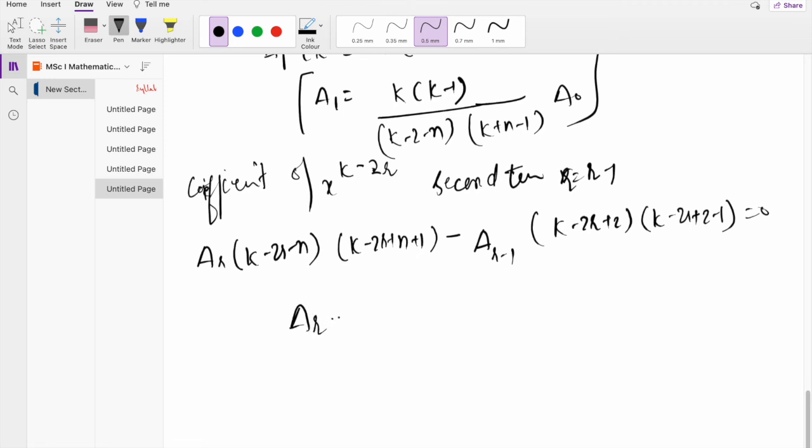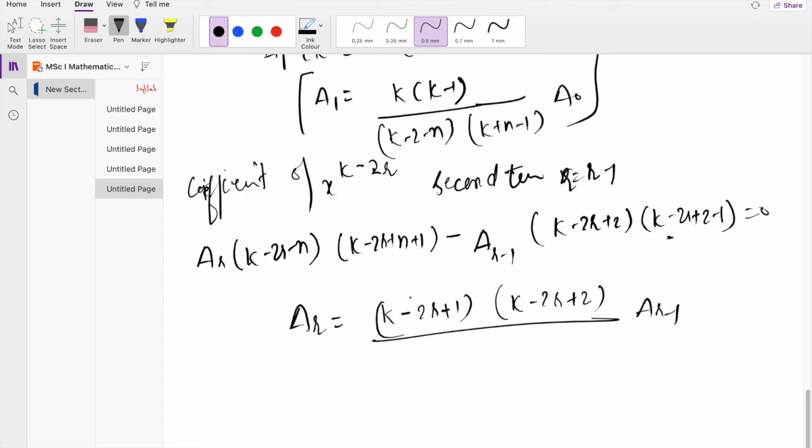So a_r is, over here this becomes k minus 2r plus 1 and this becomes k minus 2r plus 2, whole upon a_r minus 1, times k minus 2r minus n, k minus 2r plus n plus 1. So I know the value of a_r in terms of a_r minus 1.